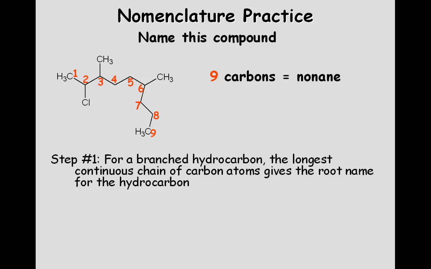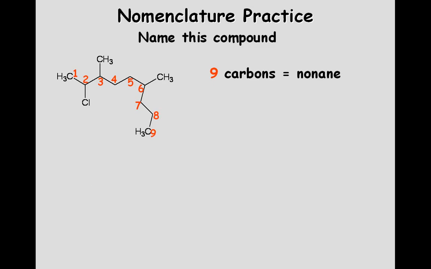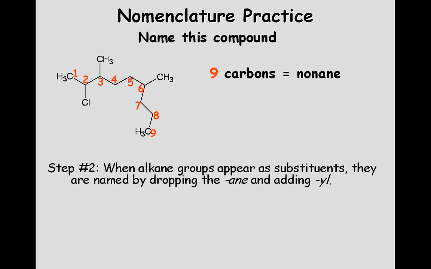And then notice there are 2 CH3 groups, and there's also a Cl group that is not part of the longest chain. Again, when we have alkane groups attached to the longest chain, like the 2 CH3s that you see there, we drop the ANE and add YL.